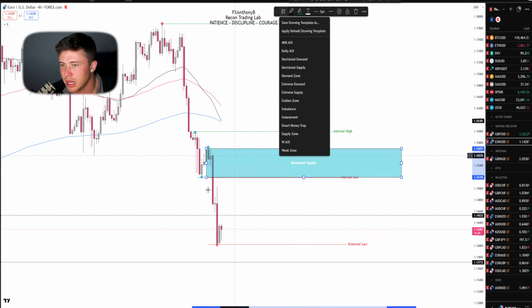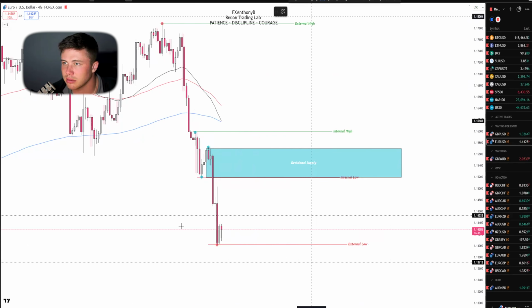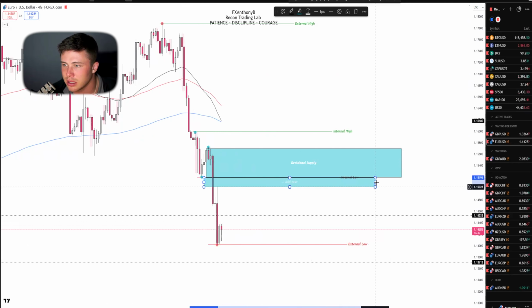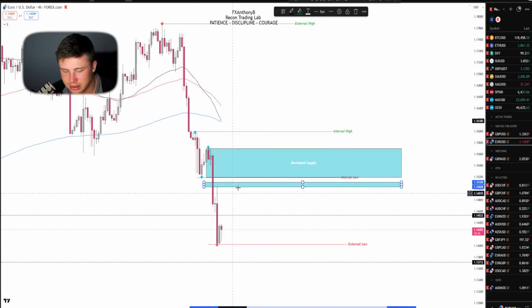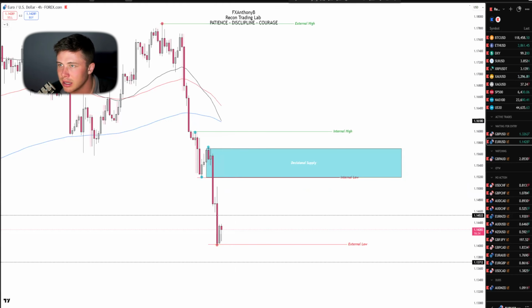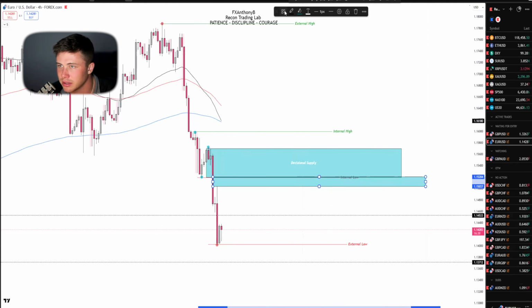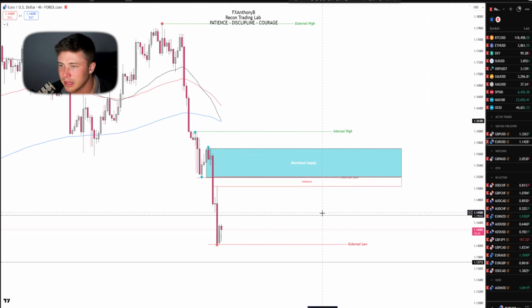Well, because we do have imbalance. We have imbalance all the way down here like this, but the supply, the external low stops here. So if price is going to have the rejection, I think it's going to grab this liquidity, from experience. It grabs this imbalanced liquidity, right? Like that.